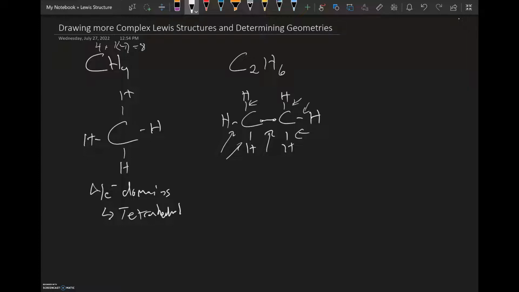Well, you can't do that, because if you were to count all these, you'd have 7 bonds, and there's no such thing as 7 domains. You have 2, 3, 4, 5, and 6 domains. So that doesn't even make sense.